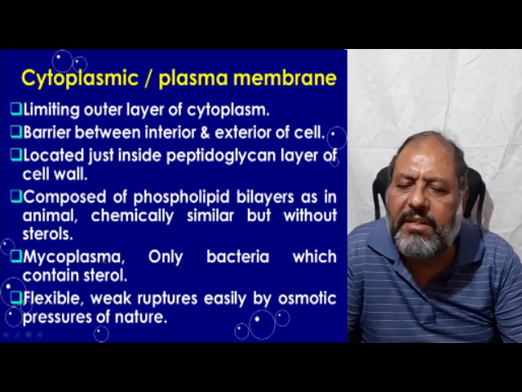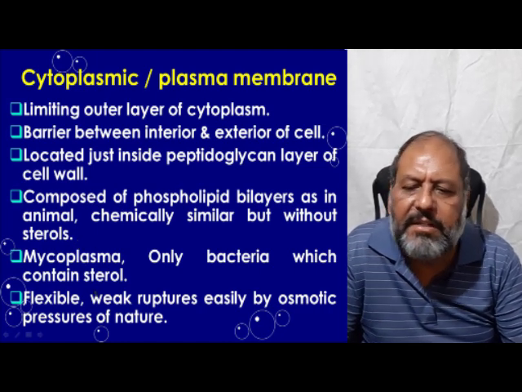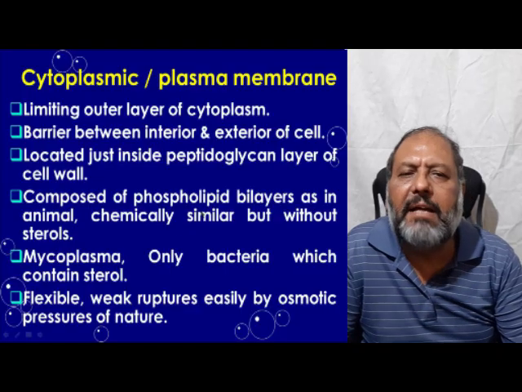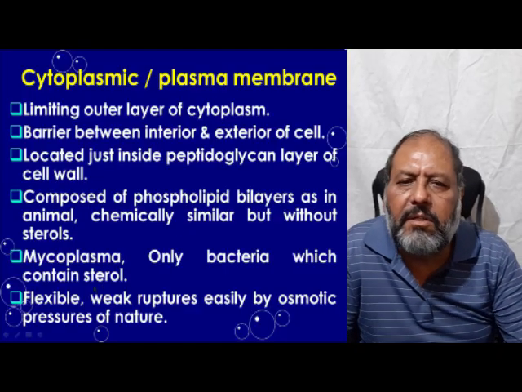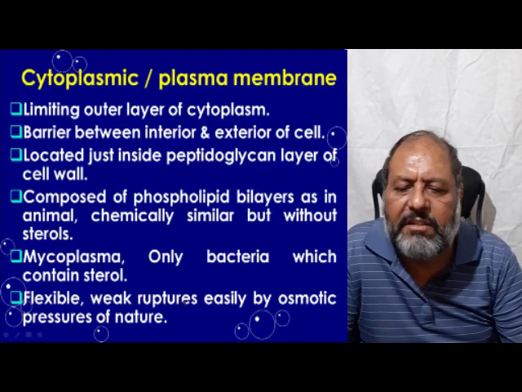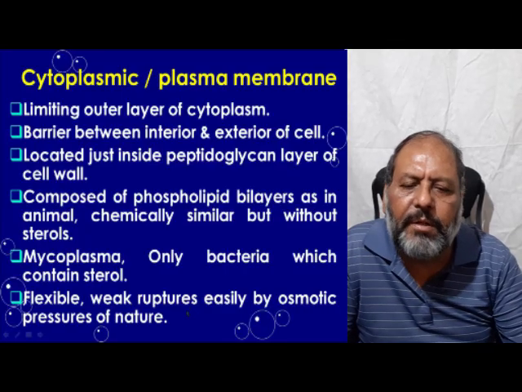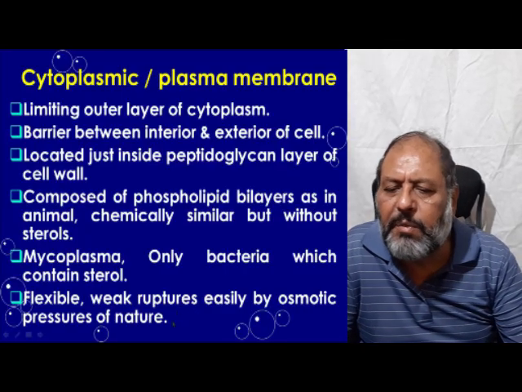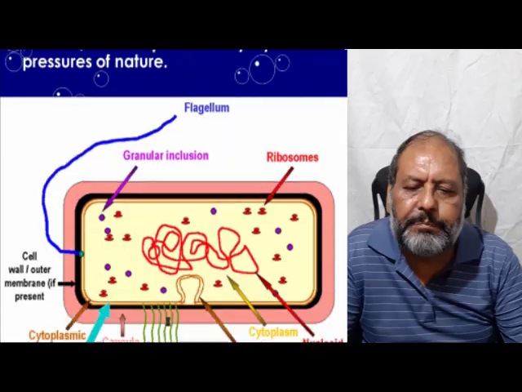The only bacteria, mycoplasma, contains sterols like the animal cells. This cytoplasmic membrane is flexible and weak, so it ruptures very easily by osmotic pressure.